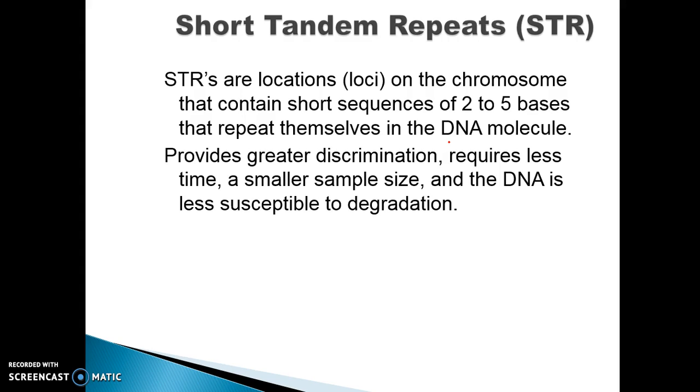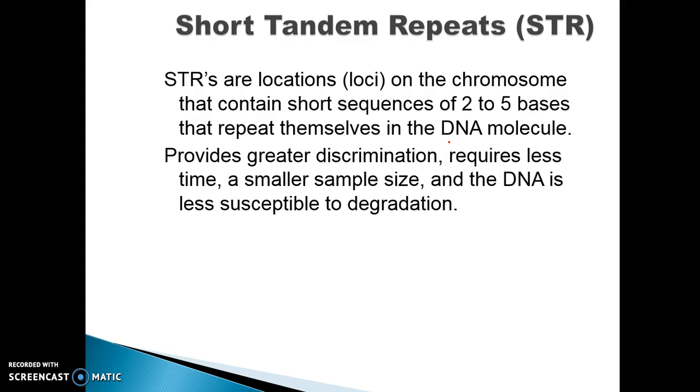Okay. Short tandem repeats are called STRs. These are locations on the chromosome that contain sequences of bases that repeat. And they repeat between 2 and 5 bases. Okay, this is going to provide greater discrimination, less time, and a smaller sample size. So it is another way to analyze the DNA to figure out the banding.